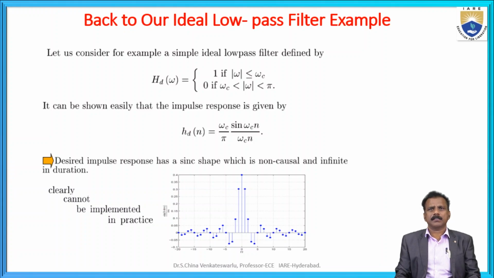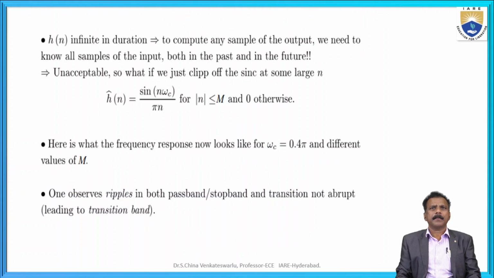With this, the ideal low pass filter background. For this H_d of omega, it can be shown easily that the impulse response is given by h_d of n equal to omega c by pi times sine omega c n by omega c n. Here h of n is infinite in duration.